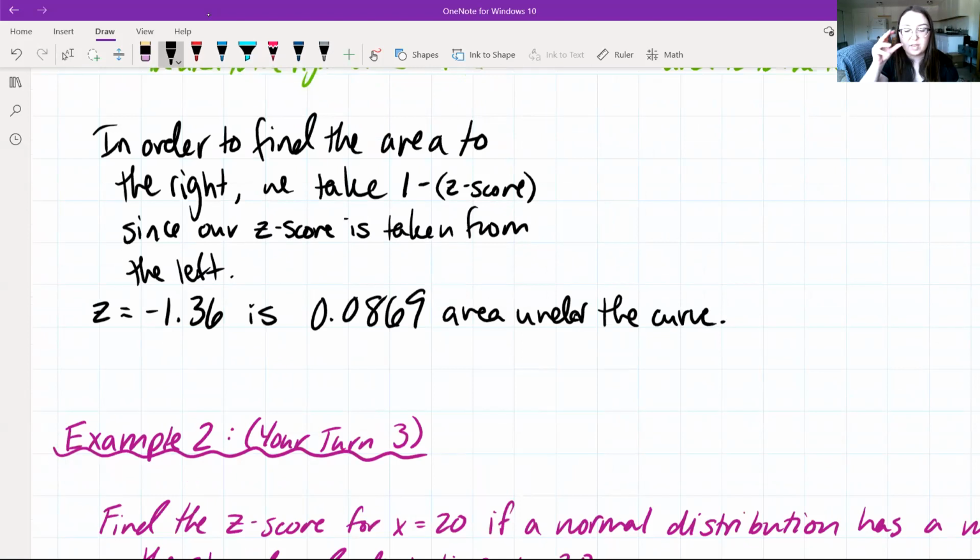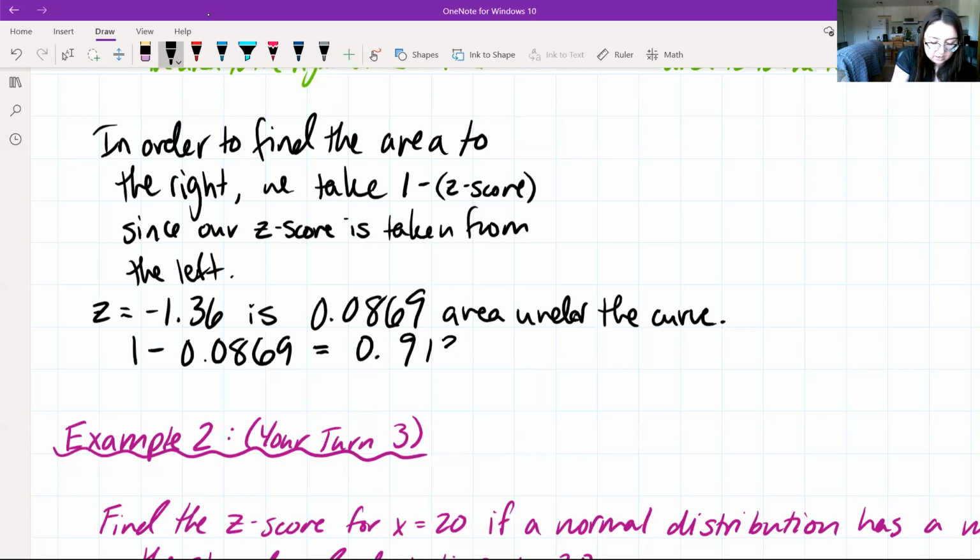And remember, this value, this 0.0869, is the area under the curve to the left of this value, but we want it to the right. So remember, we take 1 minus 0.0869. And when we calculate this value, we get 0.9131.